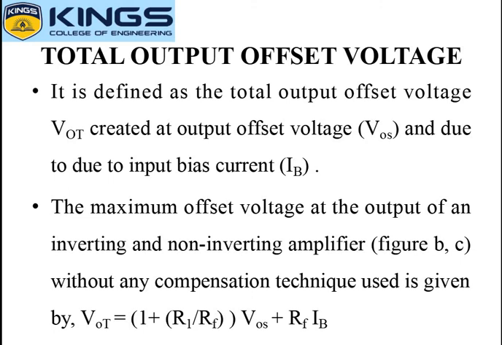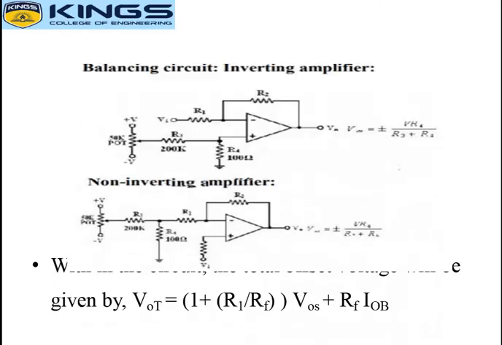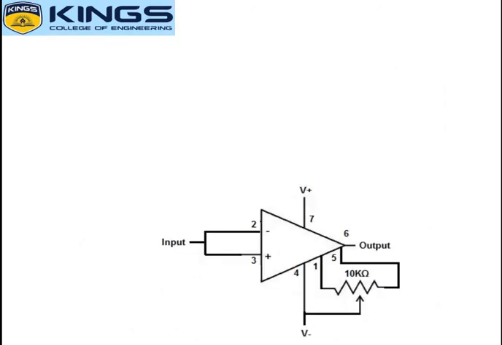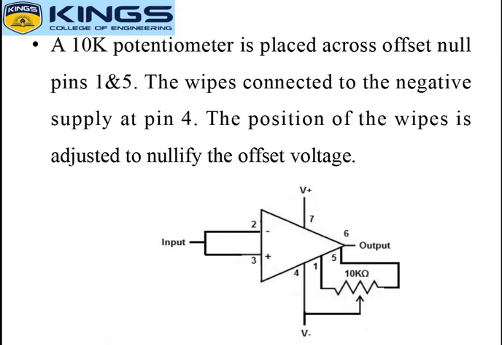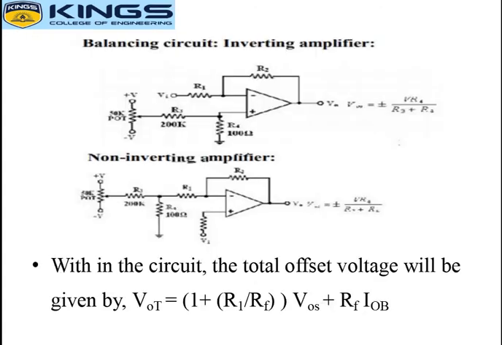The maximum offset voltage at the output of an inverting and non-inverting amplifier with no compensation technique used is given by VOT equal to 1 plus RF divided by R1 into VOS plus RF into IB. This is a technique to nullify the total offset voltage. Okay, total offset voltage.